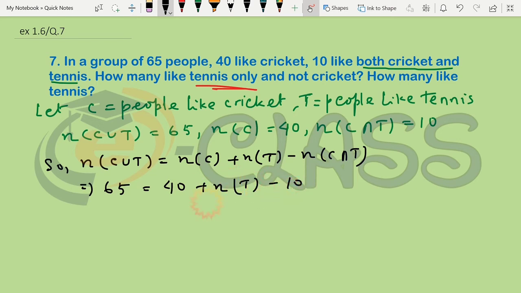So 40 minus 10 is 30. After calculation, n of T equals 35. So this is the answer of this question.